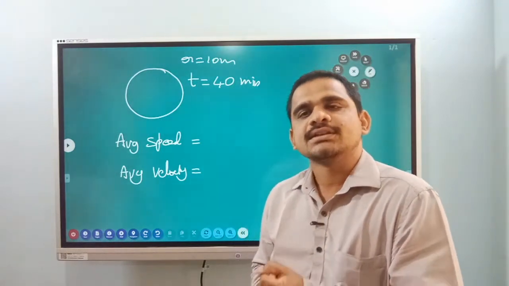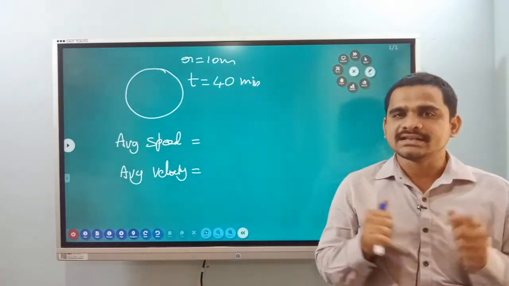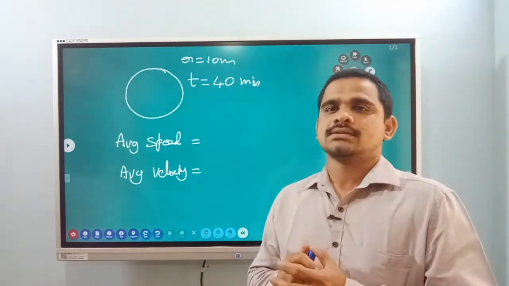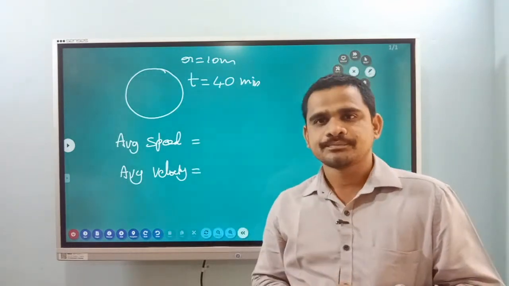Understand my question here? A boy started riding a cycle in a circular path of radius 10 meters.